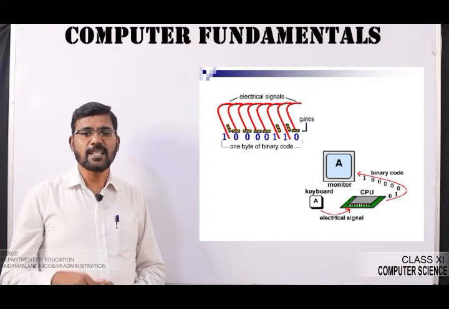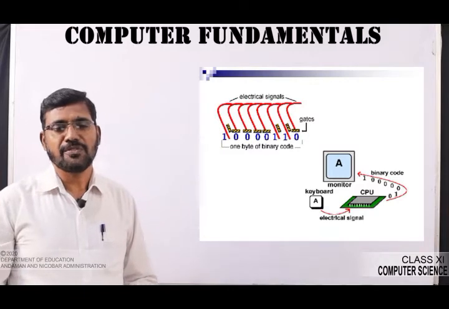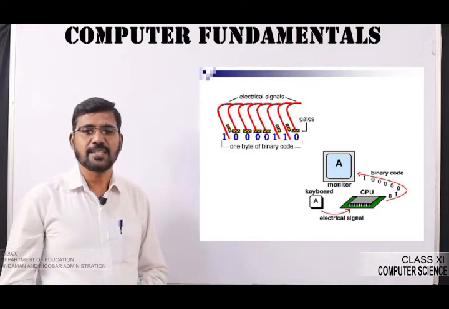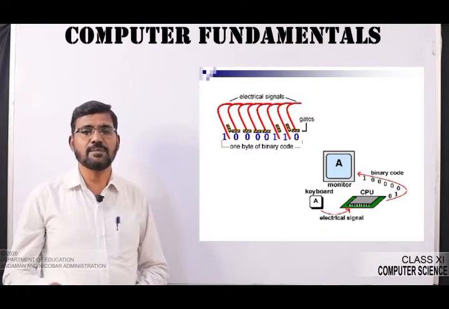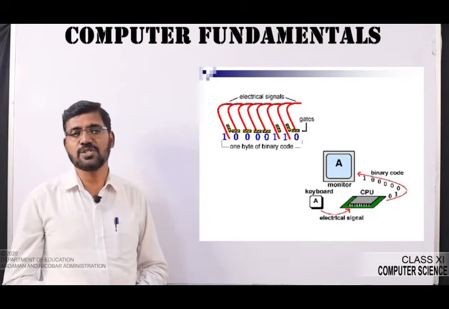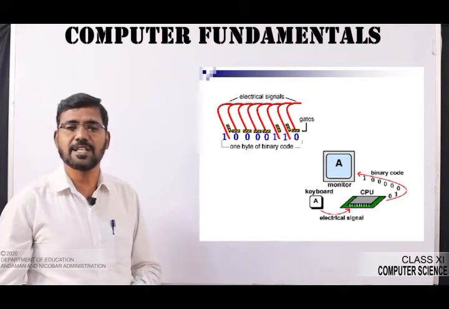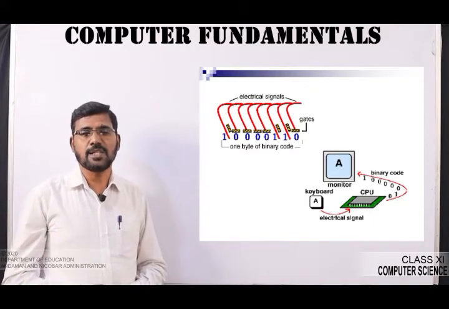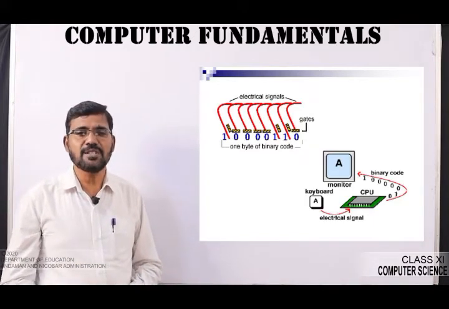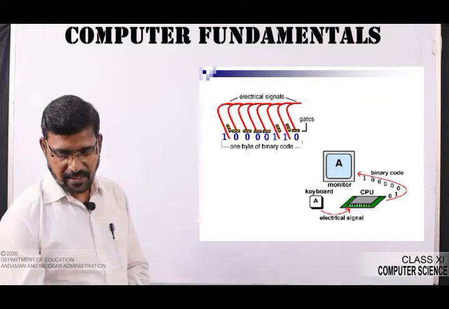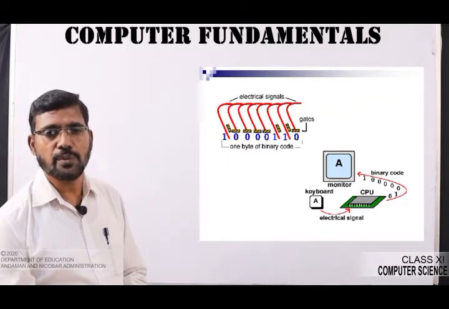The CPU understands binary codes, so A means 1 0 0 0 0 0 1, that is 1 byte, which goes to the monitor, and the monitor will display A. Actually, the computer is understanding the binary format. That is the main point this diagram is showing you.